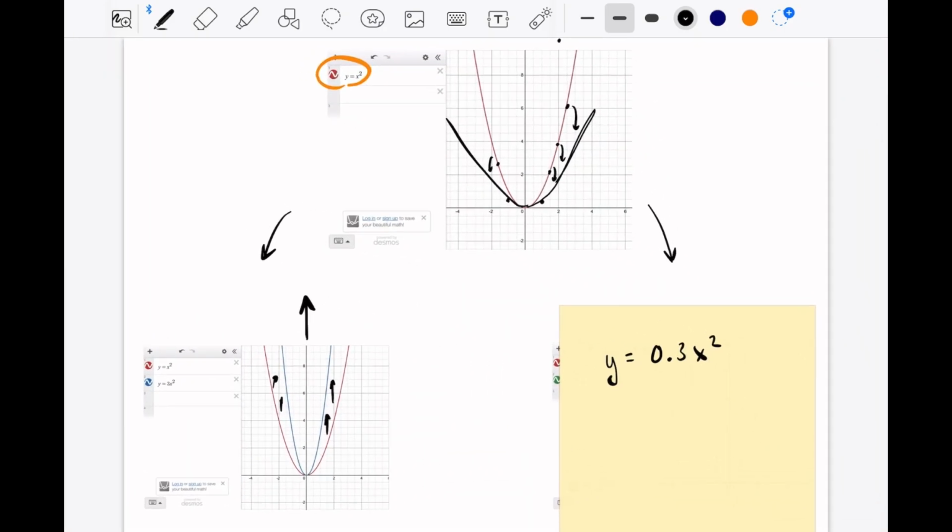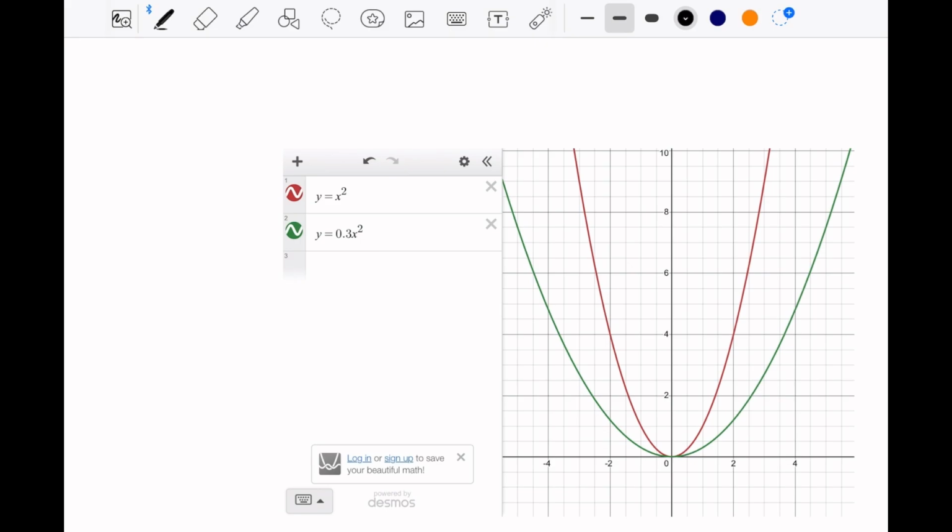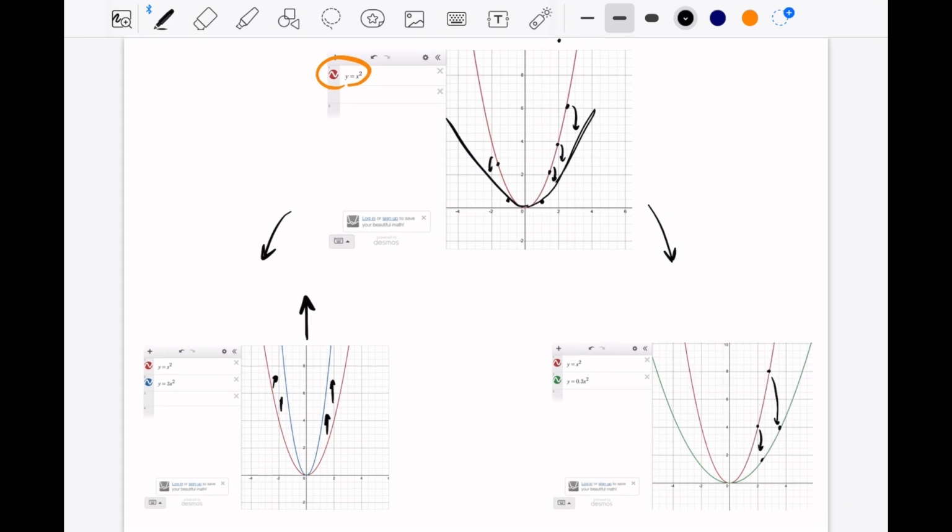So what this would look like, if our vertical stretch factor was 0.3, is like this, exactly like we talked about. Each point is going to get multiplied by 0.3, which will give us this new graph right here. And this is called a compression, because it's as if we're compressing the function down so that it becomes wider.